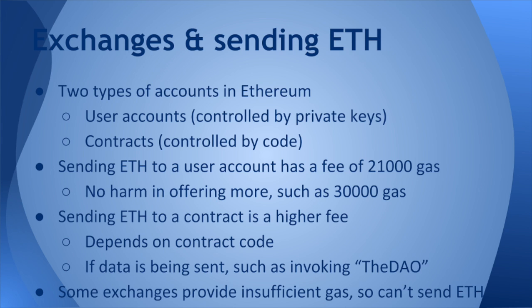That means your transaction is going to have data, and so that's just more fee. So some exchanges may only be providing 21,000 gas whenever they have a transaction, and that would be insufficient gas in some of these cases. That's why you might have problems if you're using an exchange and trying to send Ether to some contract wallet or something like the DAO.